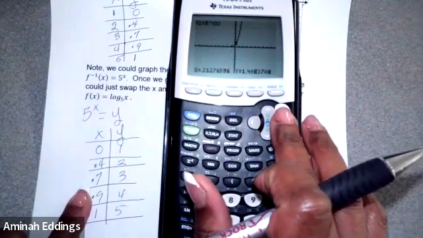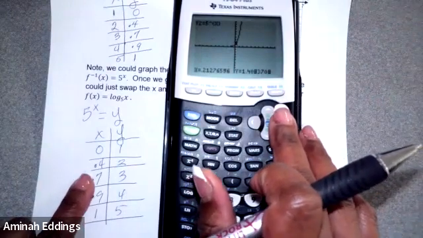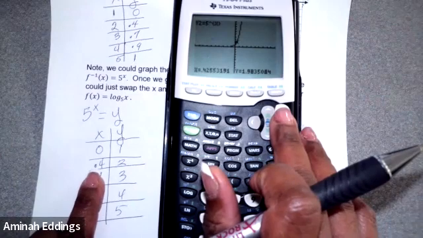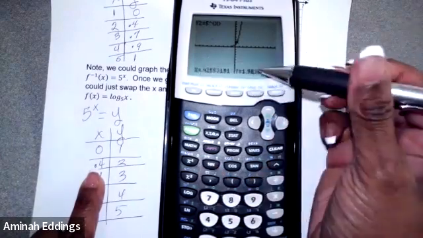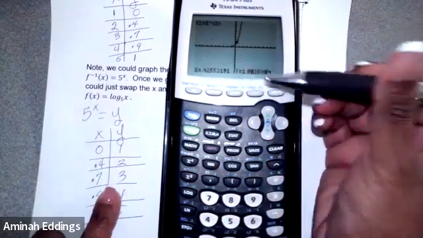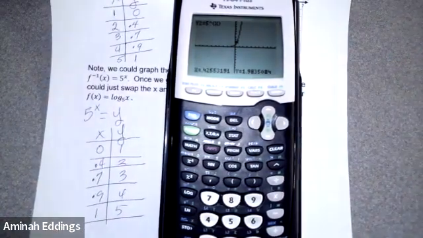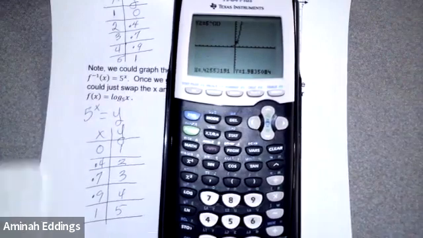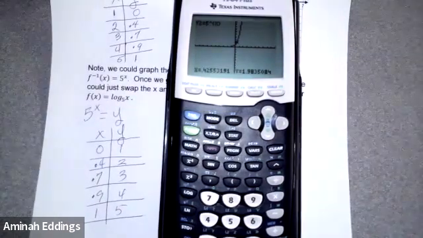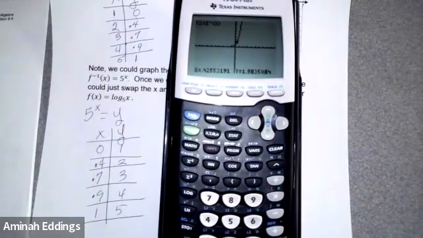If I move up that graph, when x is 0.4, y is 2. There it is, 0.4, y is 2, and so on. All right, questions? That is section 9.4 over logarithmic functions and graphs.